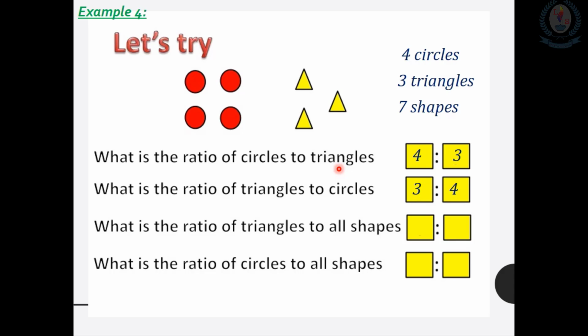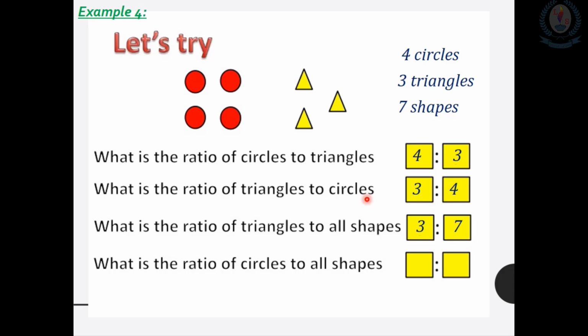What is the ratio of triangles to all shapes? There are 3 triangles and how many shapes are there? Yes, altogether there are 7 shapes. So the ratio of the number of triangles to all the shapes is 3 to 7.